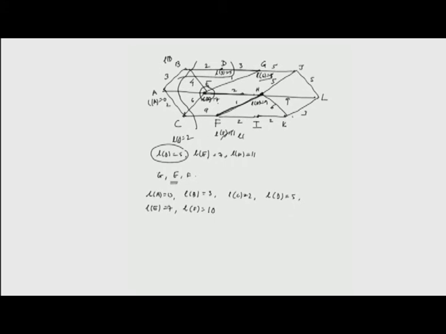So, LF will at one stage come to 10, and LG will be 8, LH will be 9, LI it will come to 12, LJ will be 11, LK will be 14, and eventually LL will be 17.